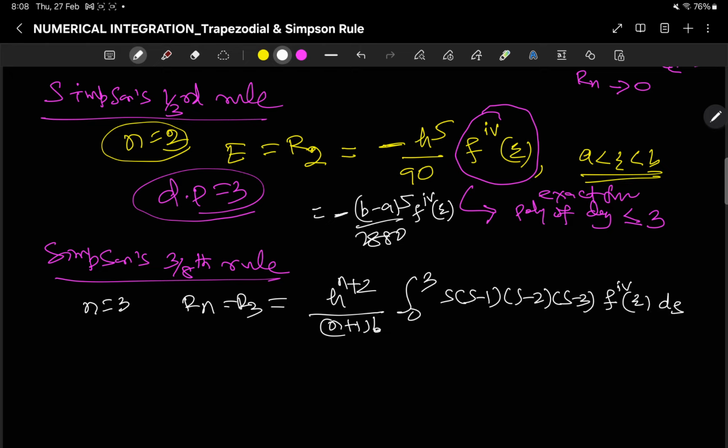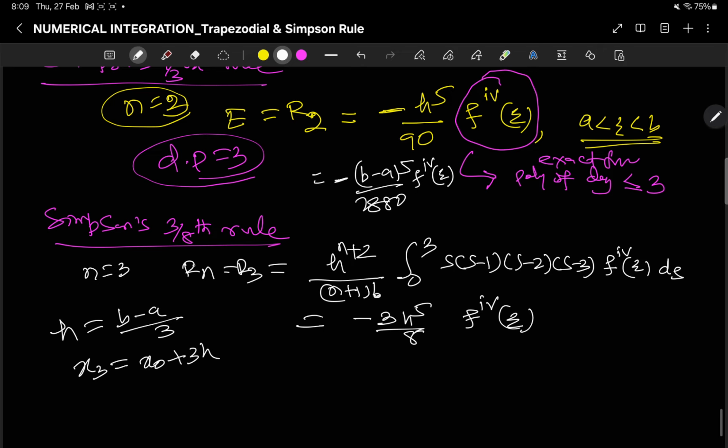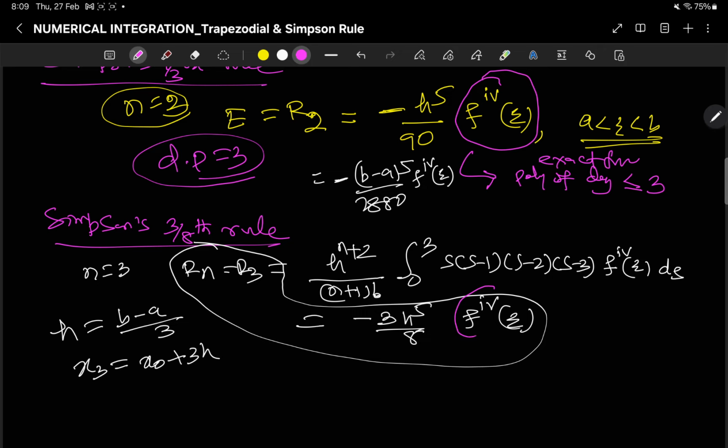If you simplify it, it will be minus 3h to the power 5 by 80 f iv zeta. And what is h here? h is (b minus a) divided by 3, and x3 is x0 plus 3h. This is my error formula here. Since the fourth derivative is involved, it is correct up to third degree polynomials. That's why the degree of precision for Simpson's 3/8 rule is also 3.